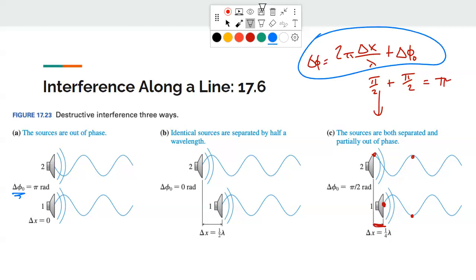By combining those two bits of information, we can get the total amount of phase difference between the two waves as they're propagating along the line, which tells us if it's constructive or destructive. I know this is a lot of stuff to drop on you, but at the end of the day, this is just a mathematical way of saying, do the waves line up or do the waves line up but opposite, so they cancel out. But converting that into this language of angles makes for a tricky business.